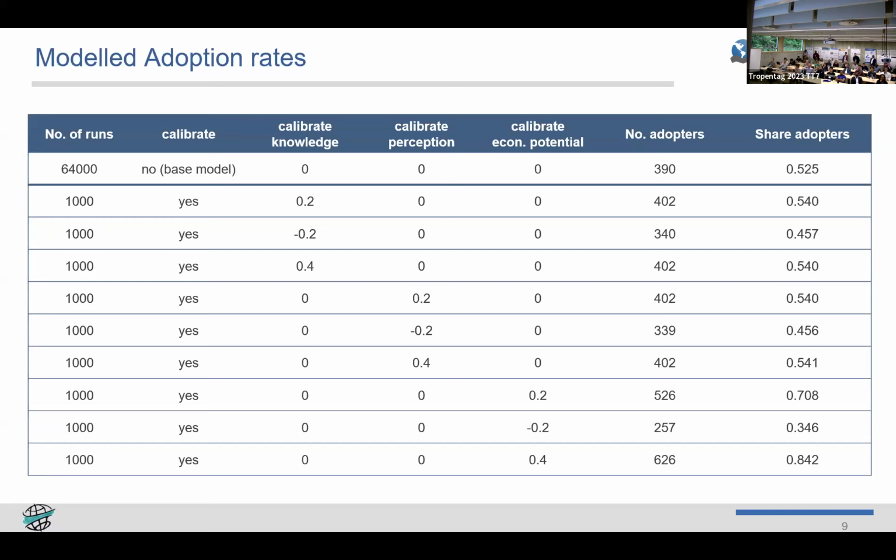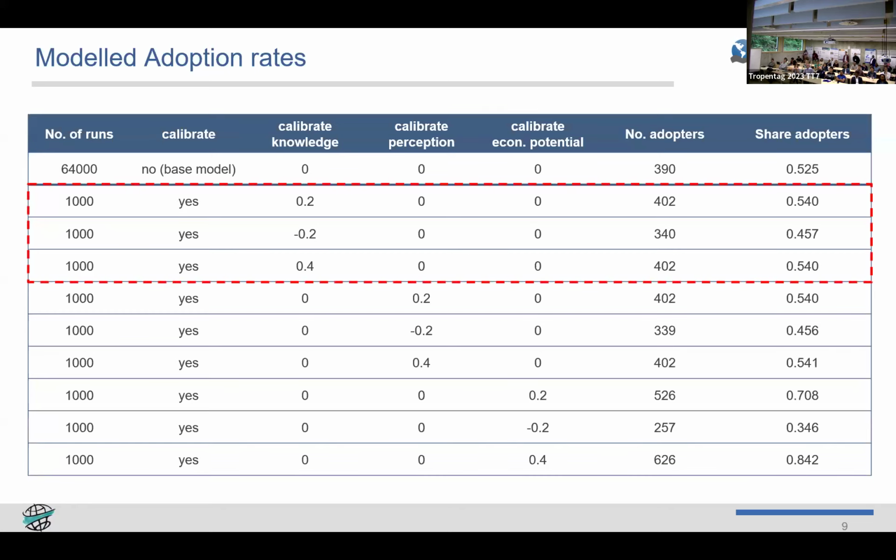Then we wanted to change the knowledge variables, the perception and the economic potential, to see how changes in these variables adjust the outcome. So if we implement some kind of training to improve the knowledge, what would happen? We increased and decreased these variables to see how this changes our outcome.